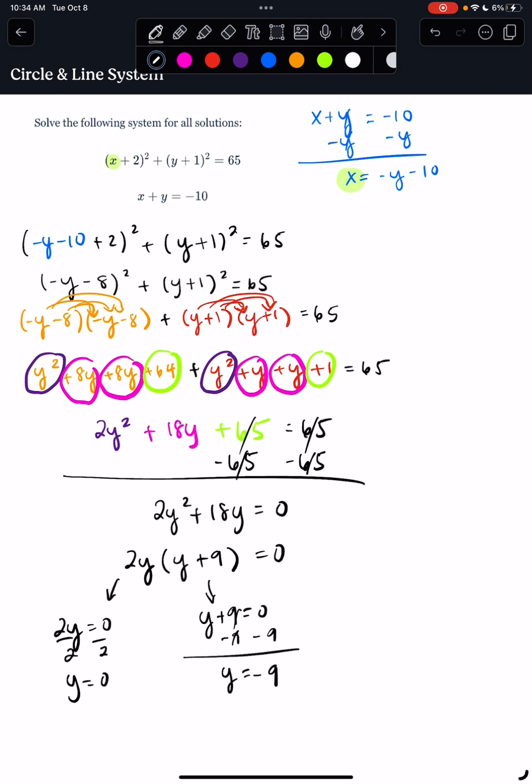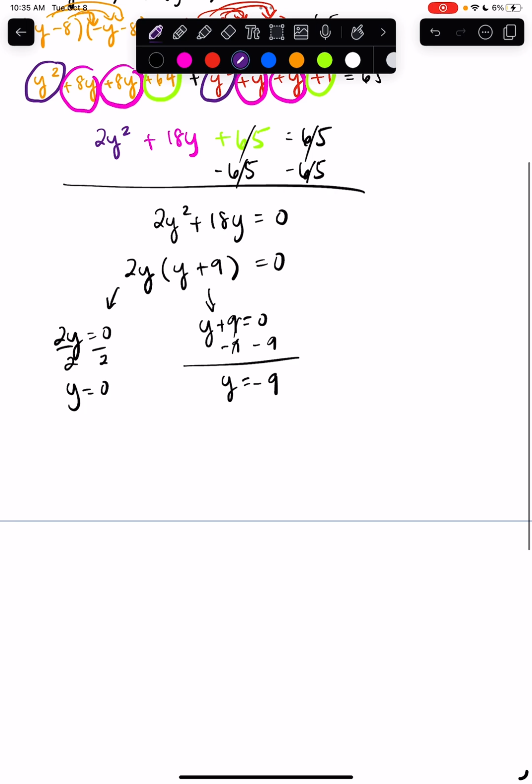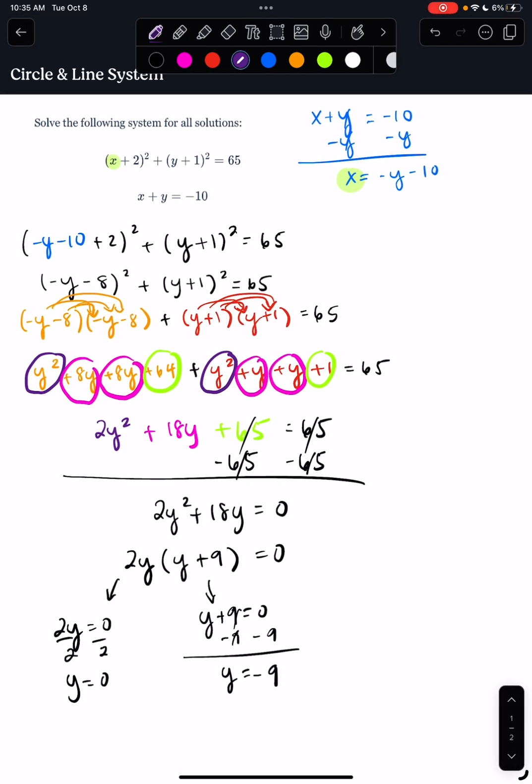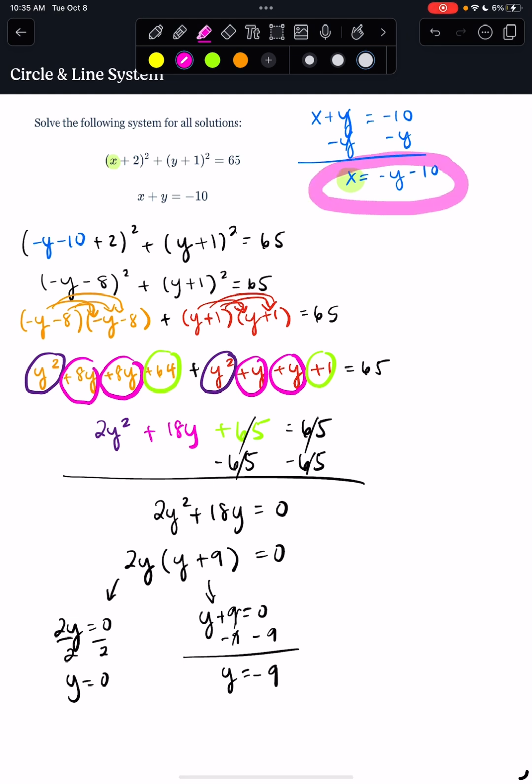So now we have our two y values in this situation, and now we want to find our x values. So to do this, I'm going to scroll down a little bit more. So if y is equal to 0 and y is equal to negative 9, we have to decide which equation we want to use. So I'm going to suggest using this transformed equation that we have up here, because it's already set in the equation x equals.